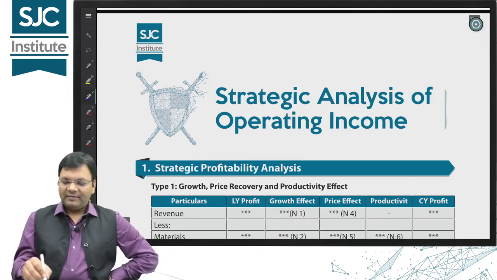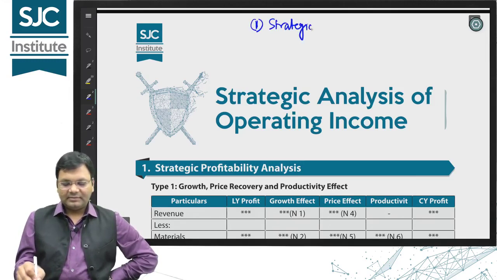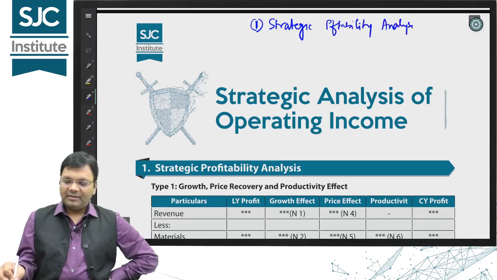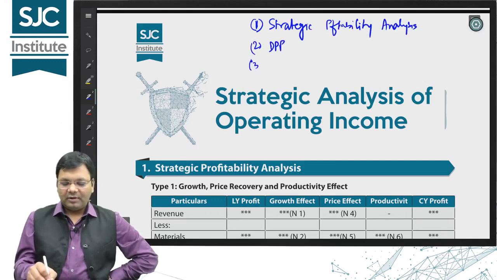In this chapter we study three things. One is strategic profitability analysis. Second is direct product profitability analysis. Third is customer profitability analysis.